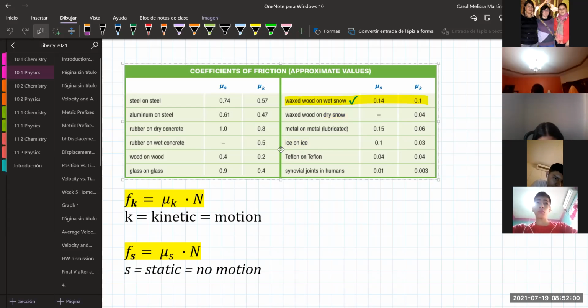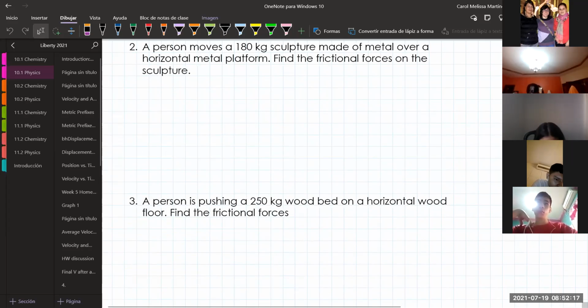So for the first one, I know my static coefficient and my kinetic coefficient. So I'm going to include them both on the step 0, okay? Static friction 0.14 and kinetic friction 0.1.